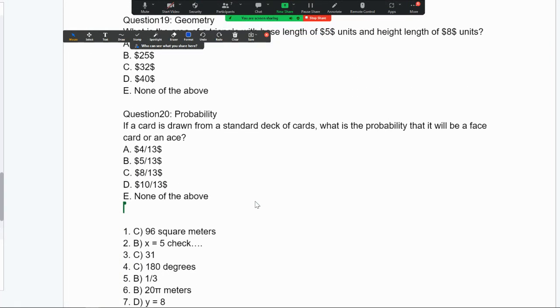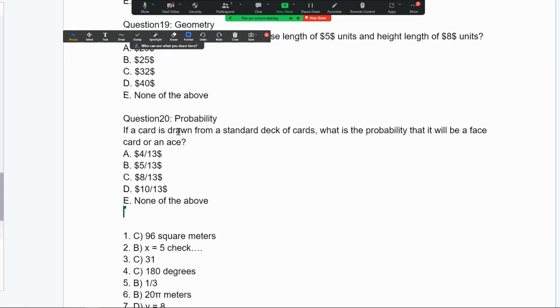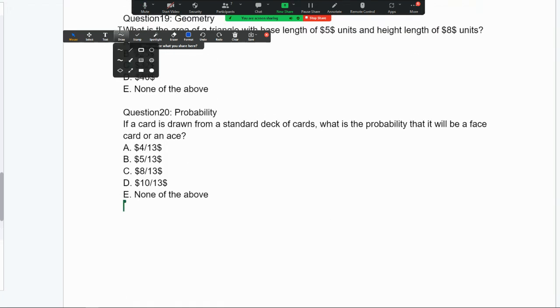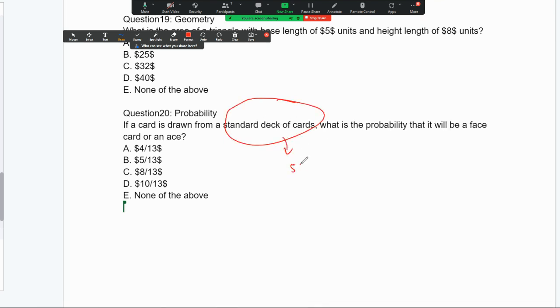Okay, question 20, ignoring all the solutions after that. If a card is drawn from a standard deck of cards, standard deck of cards has 52 cards in it. What is the probability that it will be a face card or an ace?